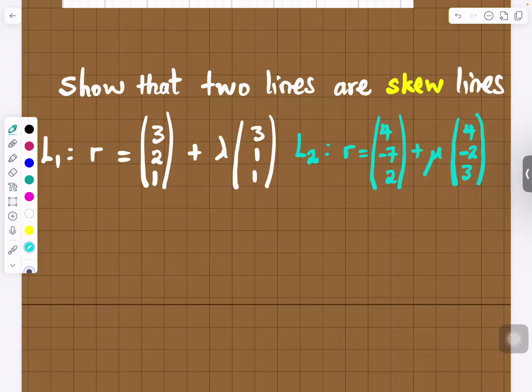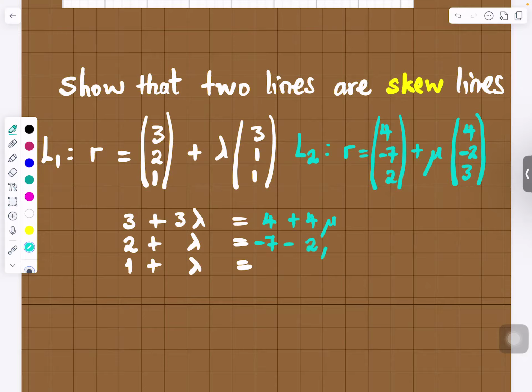So we're going to form three equations like before. So we would have 3 plus 3 lambda, 2 plus 1 lambda, and 1 plus lambda, and all of that will be equal to, using the next line, 4 plus 4 mu, minus 7 minus 2 mu, and 2 plus 3 mu.